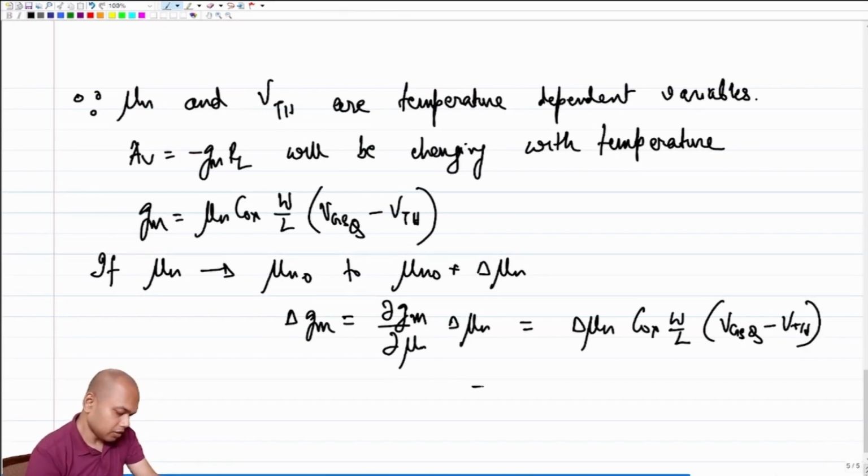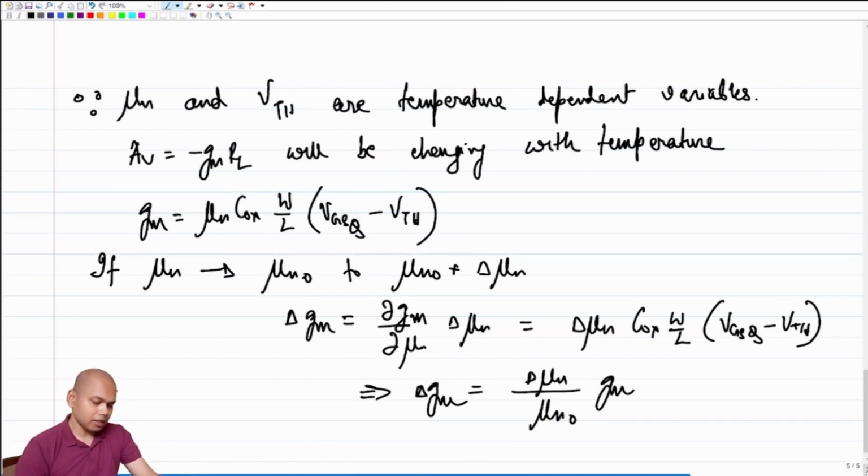If I write it in terms of Gm, this becomes delta mu n by mu n 0 times Gm. So this will be the change in Gm when the mobility changes by a certain amount, and clearly this change will get reflected in the change in gain.